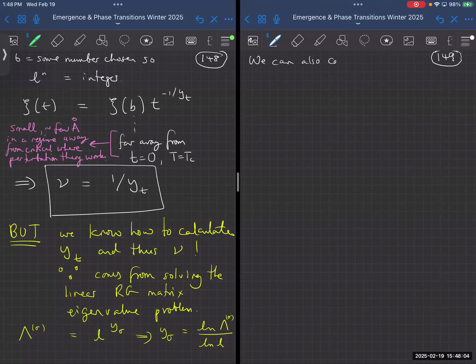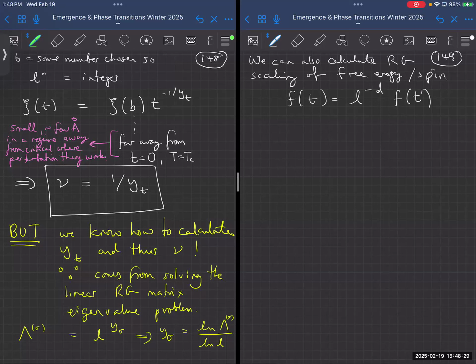We can also calculate the RG scaling of, say, the free energy per spin. What we know is that after one iteration, the free energy has gone down by a factor L to the minus D times F now as a function of T prime.